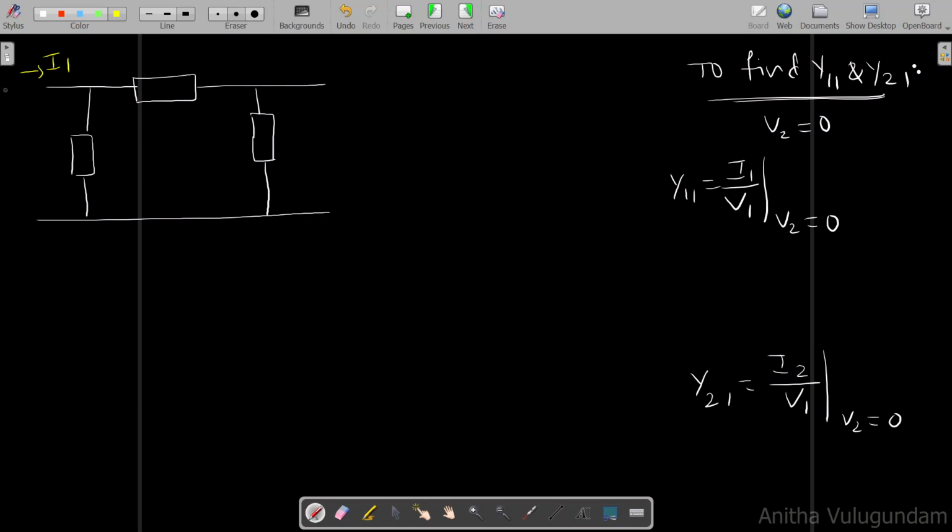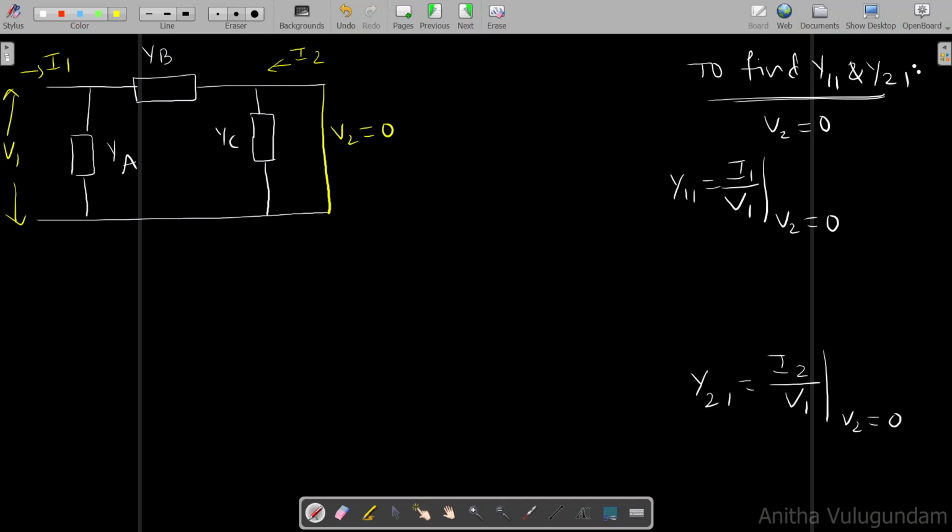This is I1, V1, YA, YB, YC. This is I2. And the condition here is V2 equal to 0. So we should short circuit these terminals, port 22 dash or BB dash, V2 equal to 0. If we short circuit, then the equivalent resistance of these two will become 0.